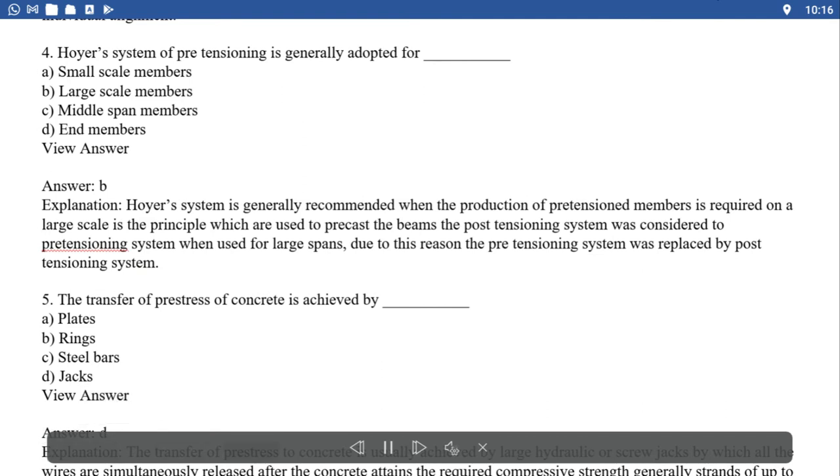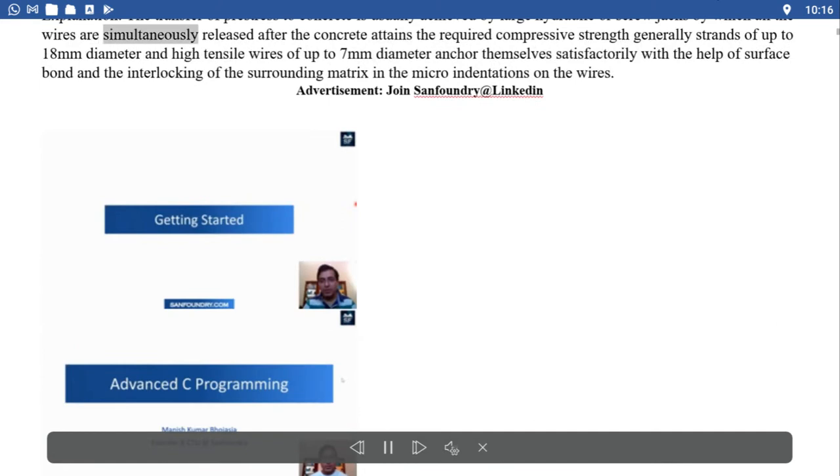The transfer of pre-stress to concrete is usually achieved by large hydraulic or screw jacks, by which all the wires are simultaneously released after the concrete attains the required compressive strength. Generally strands of up to 18 mm diameter and high tensile wires of up to 7 mm diameter anchor themselves satisfactorily with the help of surface bond and the interlocking of the surrounding matrix in the micro indentations on the wires.